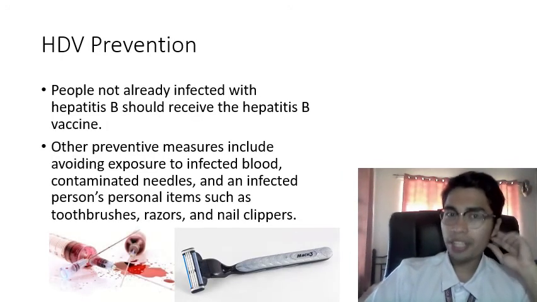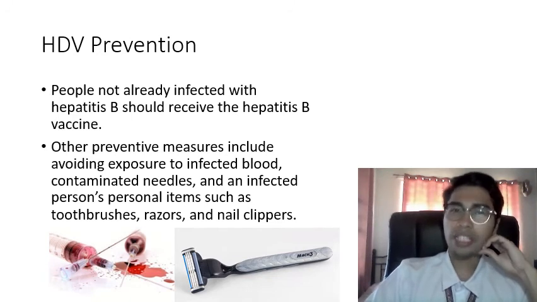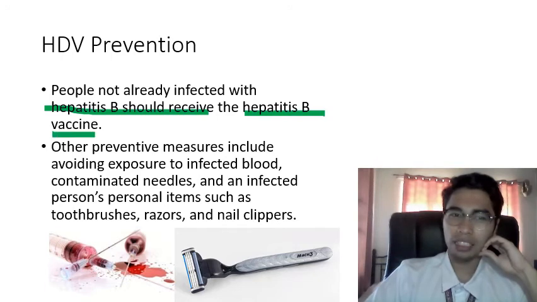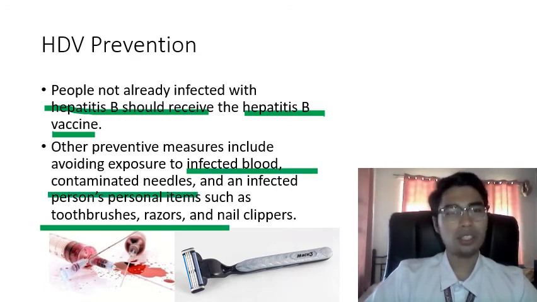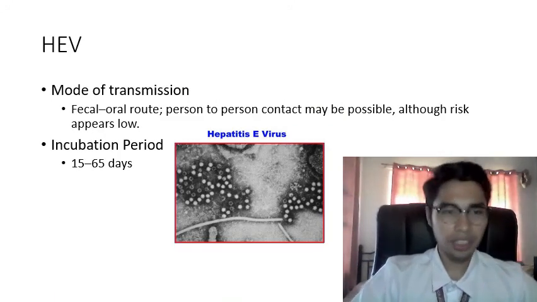And then we can prevent it by not being infected with hepatitis B. Just like I said, get the hepatitis B vaccine. Other preventive measures include avoiding exposure to infected blood, contaminated needles, and so on, just like how we try to avoid hepatitis B.